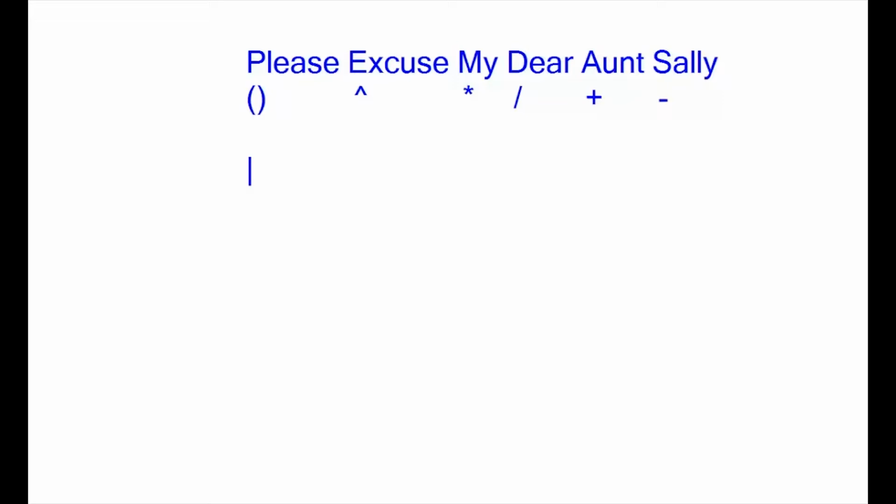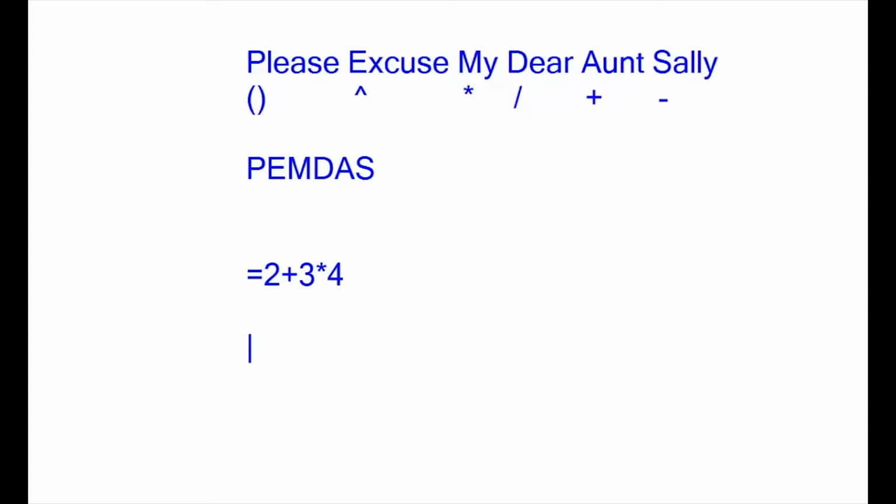And for hundreds of years, mathematicians have always agreed upon the way that the order of operations would be. Parentheses, exponents, multiply, divide, add, or subtract. Children in school, many places these days, are learning PEMDAS. P-E-M-D-A-S is just another way of remembering the exact same thing. So, equal 2 plus 3 asterisk 4.